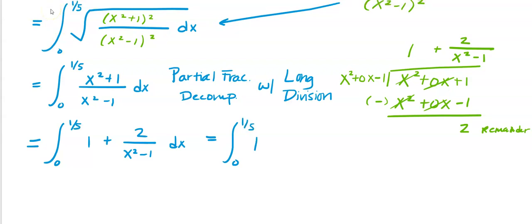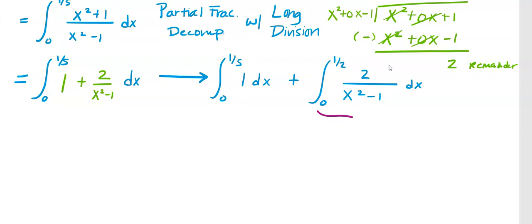All right, so we have 1 as our first integral, and then our second integral is going to be this 2 over x squared minus 1 dx. Okay, now, so let's do the partial fraction decomposition on this one. Now remember, my denominator can factor into two terms here.